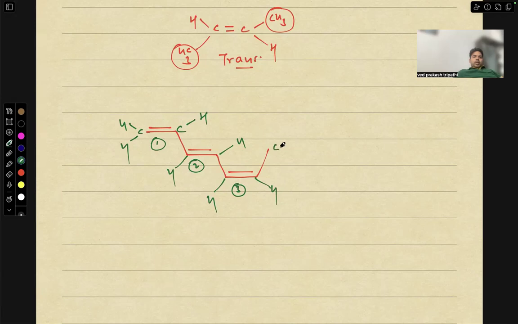And this one is methyl. So now you can see the first one, this carbon have 2 same connectivity, so it's not showing geometrical, so cis trans not available. In the second one, both the hydrogen are in anti side, you can see. So this one is trans, and here both the hydrogen in the same side. So this one is cis. Clear?